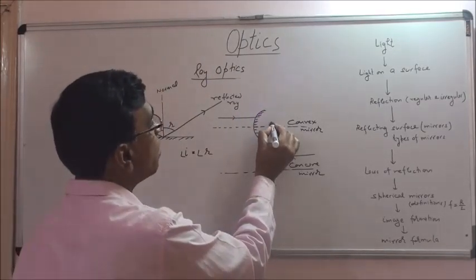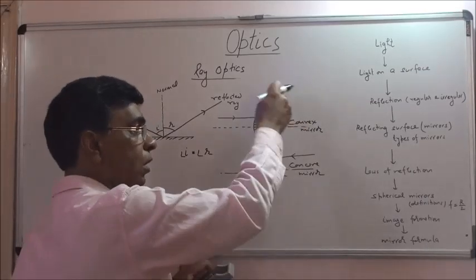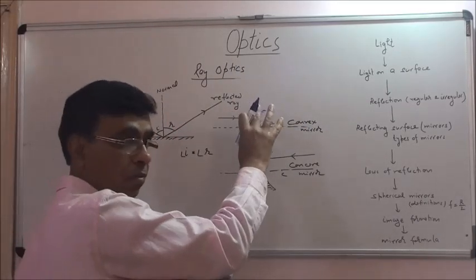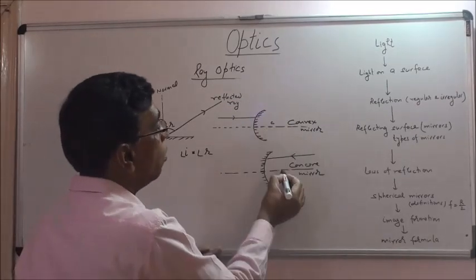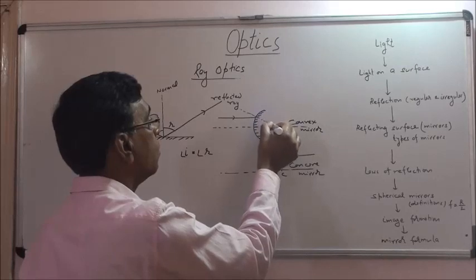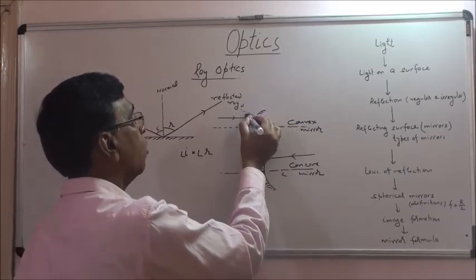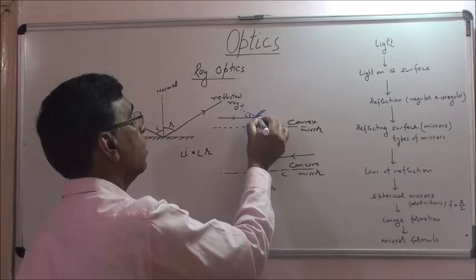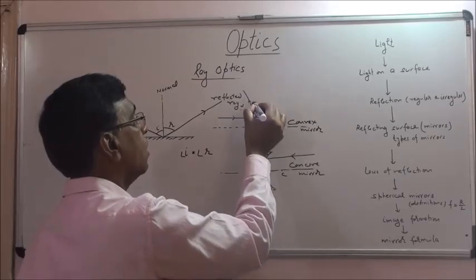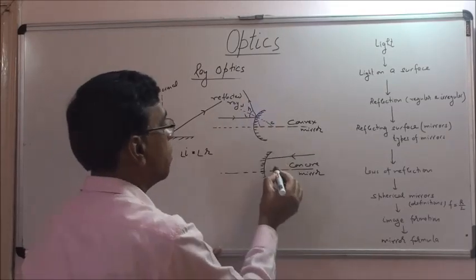So if this is the center of the sphere of which this mirror is a part, we can draw a normal from here. So this is a normal here. So this is the angle of incidence, and then this ray will go somewhere here. This is reflection.